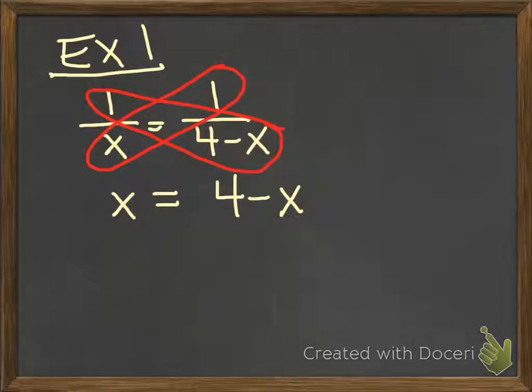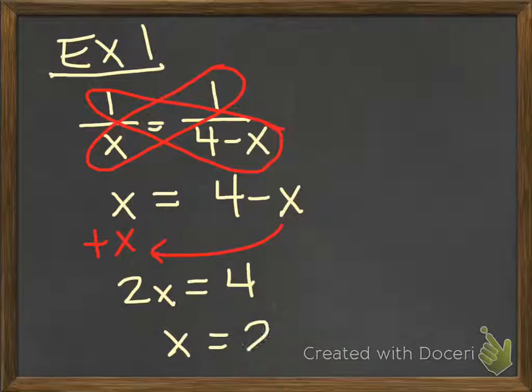We're going to take the minus x, bring it to the left side. That becomes plus x. And now we have x plus x, which is 2x, equals 4. Divide by 2 and you get x equals 2.